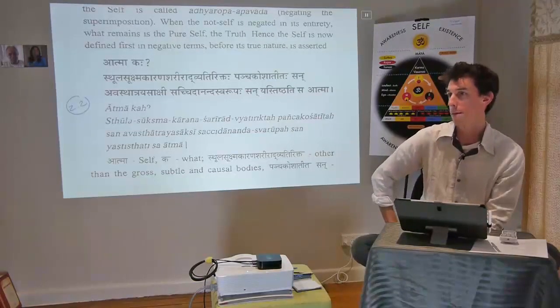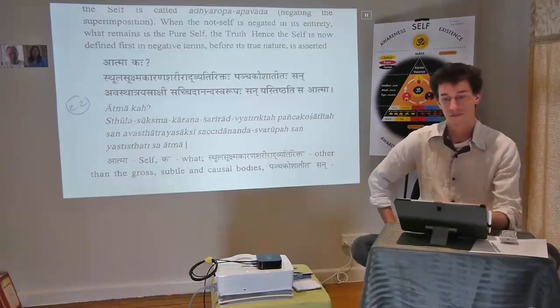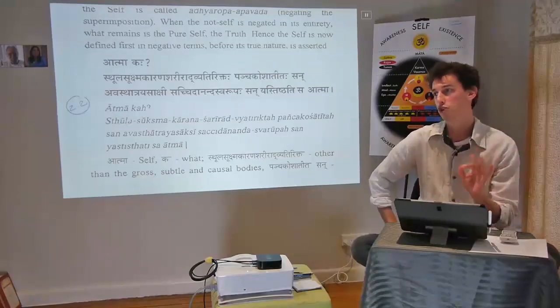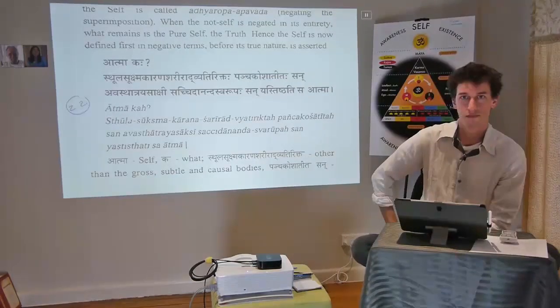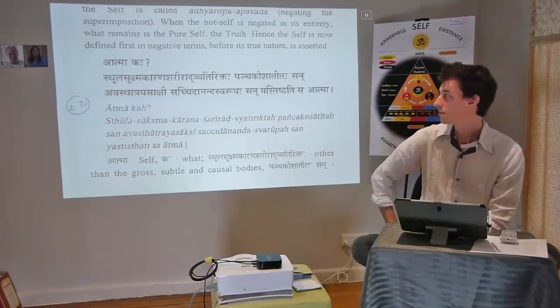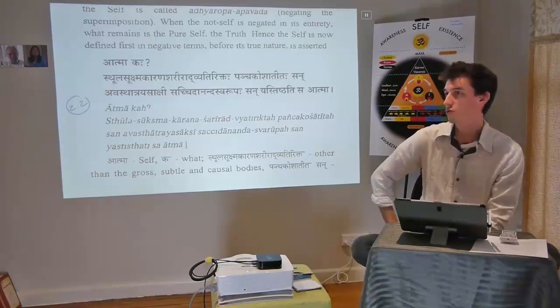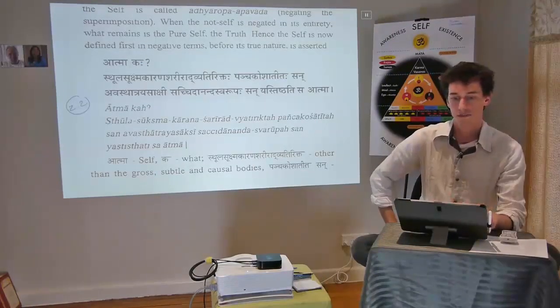In other words, because we can't see it, it is subtle. It's invisible to the senses. Sthula is visible, but sukshma is invisible to the senses.